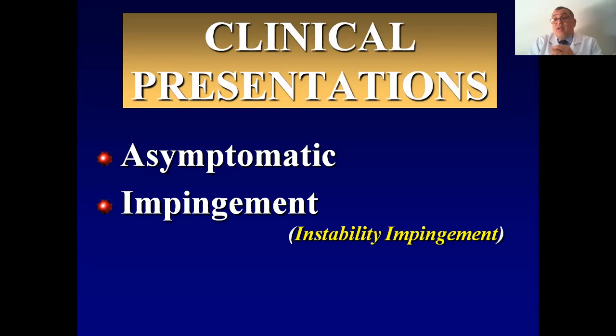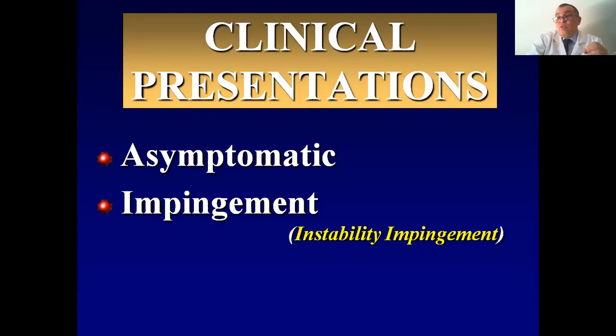Another factor is that the rhomboids and levators, as well as the infraspinatus, contract suddenly to prevent any further translation of the head, pulling it backwards. This would lead to spasm in these muscles and pain. So many patients suffering from instability come with an impingement.